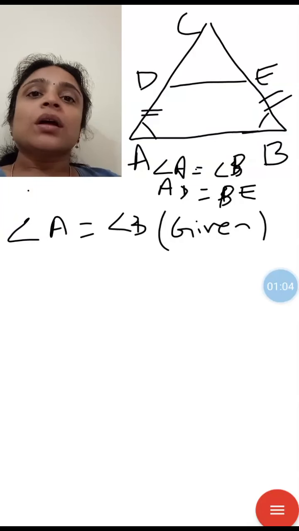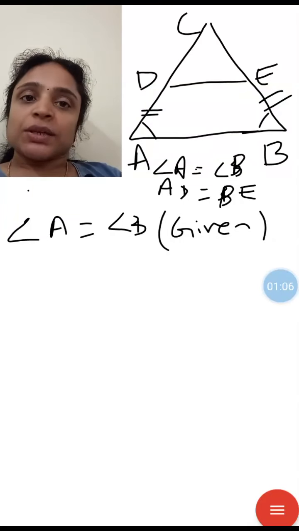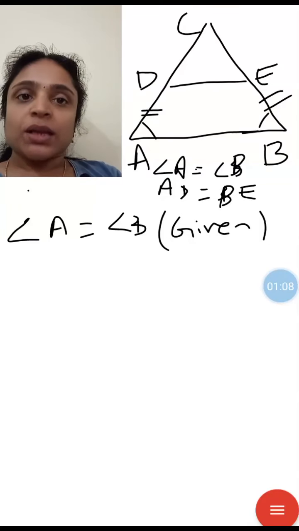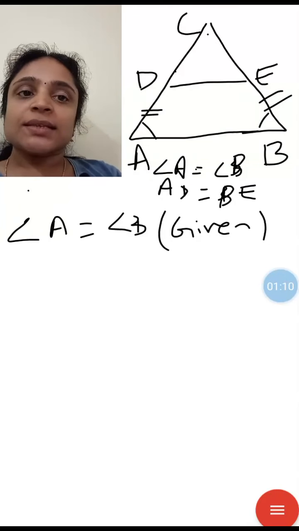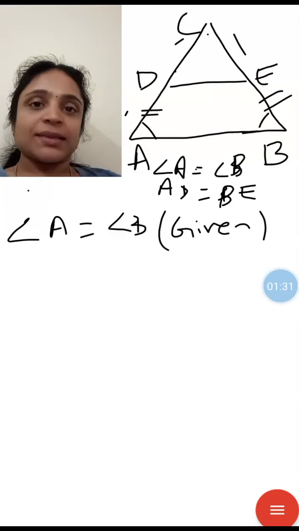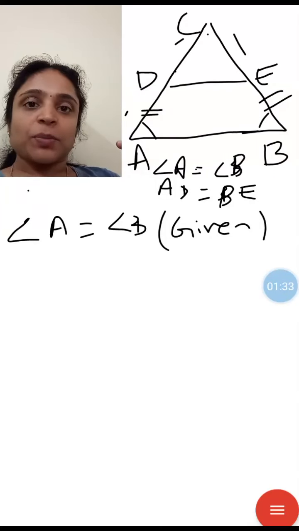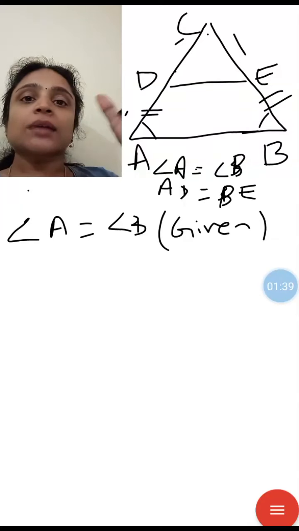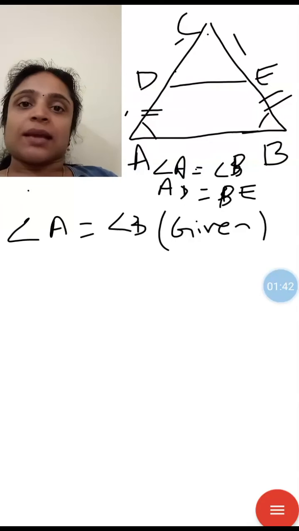Now, what does this mean? If two angles in a triangle are equal, the other two sides will be equal.